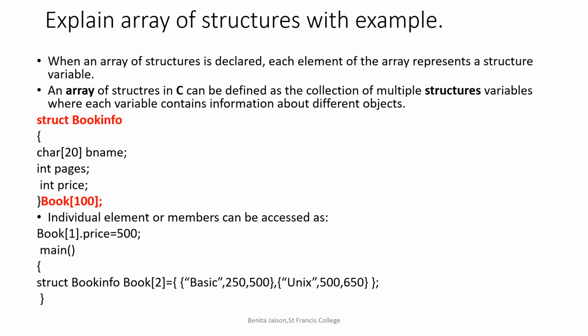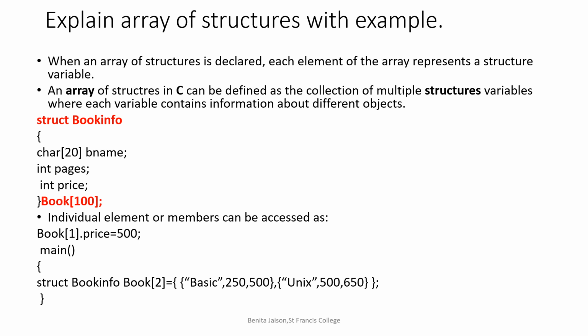Here in this example, struct is a keyword and bookinfo is the tag name for the structure, and there are three members: bname, pages and price. If I want to declare a structure variable of the same type as bookinfo, I can give struct bookinfo book1.